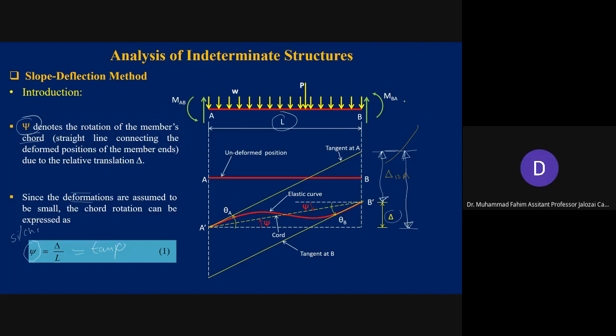We call this the tangential deviation, and we denote it by this term, as in the Hibbeler book. So this is the tangential deviation of point B from a tangent at A. Understood?